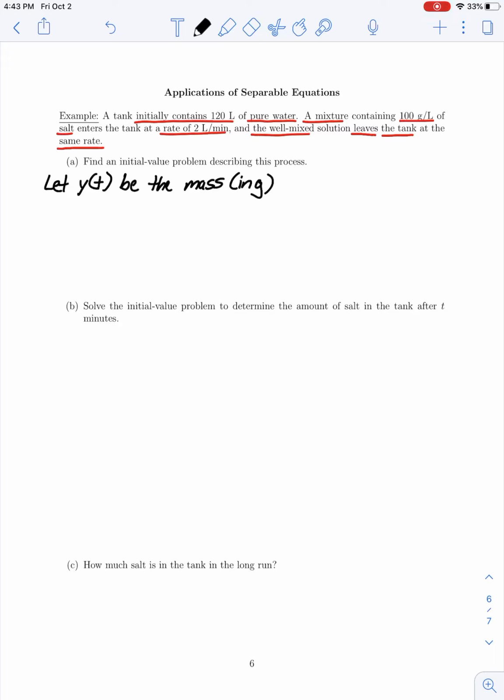So y of t will be the mass in grams of salt in the tank after t, where time has to be non-negative, minutes. And the reason I'm using minutes as my unit for time is that in the problem statement we were given some information about the rate at which solution is entering the tank, which was at a rate of 2 liters per minute.